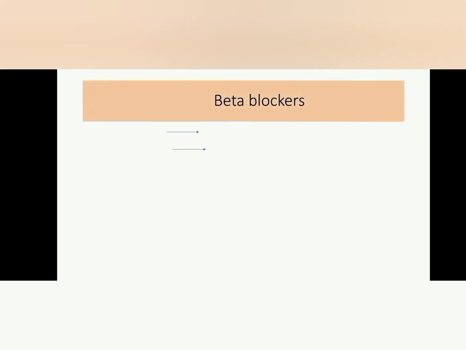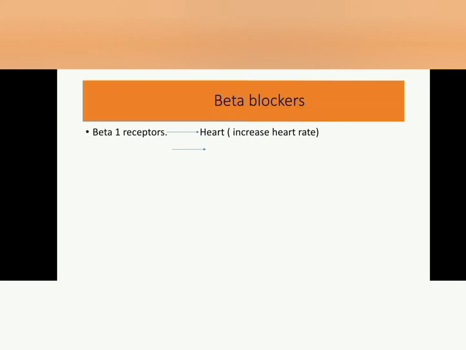Beta blockers. Beta receptors are present in the heart, blood vessels, and on the smooth muscles of the airways. Beta 1 receptors are present on the heart, and beta 2 receptors are present on the smooth muscle of the airways. When beta 1 receptors are activated, it increases heart rate, and when beta 2 receptors are activated, it causes bronchodilation or relaxation of airway smooth muscles.